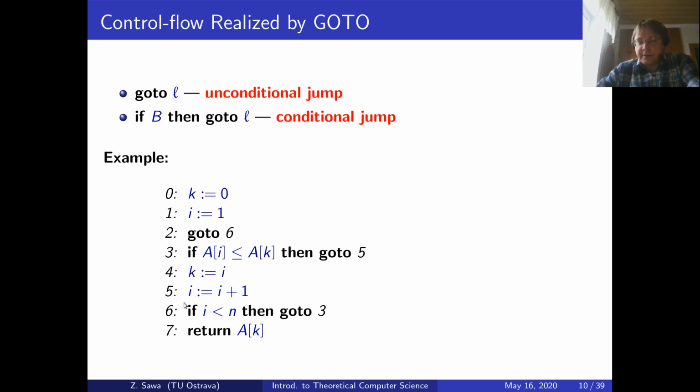Like here I started to address them from 0, but of course it's not necessarily 0. Maybe this address specifies some position in memory and the particular order of instructions, and the unconditional jump is represented here by this goto.